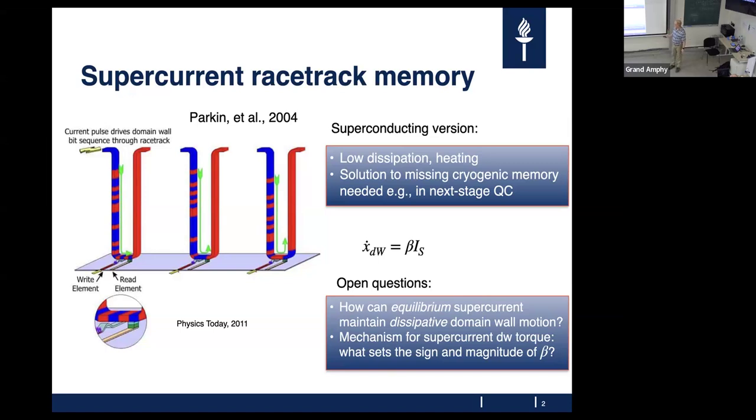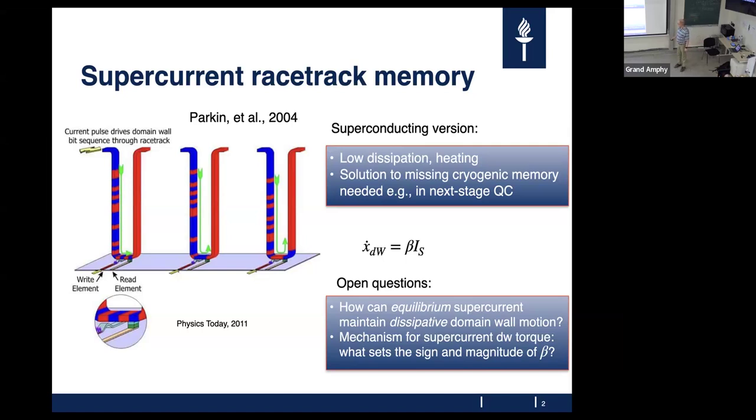You would then be able to store more memory in a smaller space because you involve the third dimension. The idea came from Parkin more than 20 years ago. There have been multiple stages to it, but we still don't have racetrack memory in our computers.